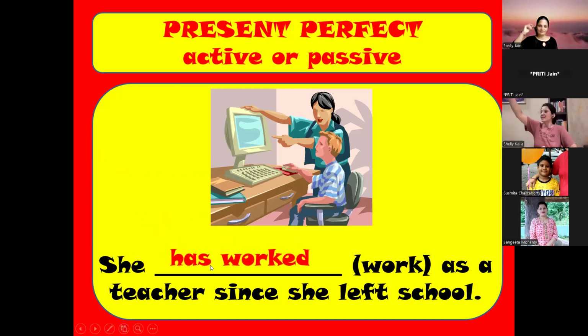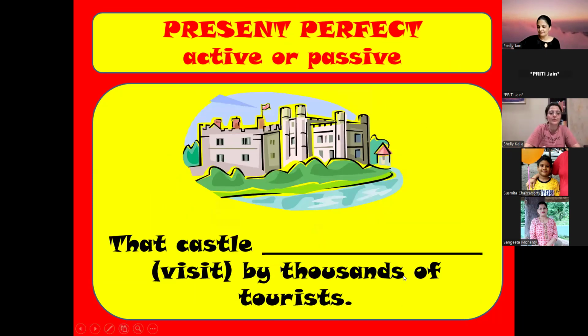Okay, great. Very good. Shushmita, Sangeeta, you also want to speak, dear? Yes, ma'am. Okay, go ahead. Ma'am, my sentence was right. Perfectly right. Thank you.